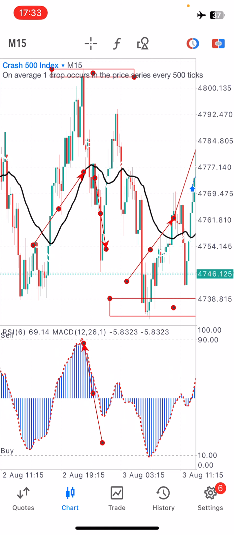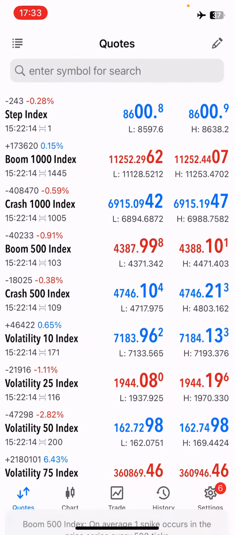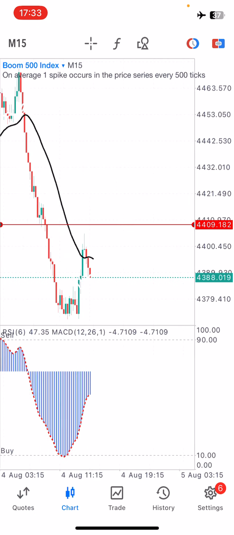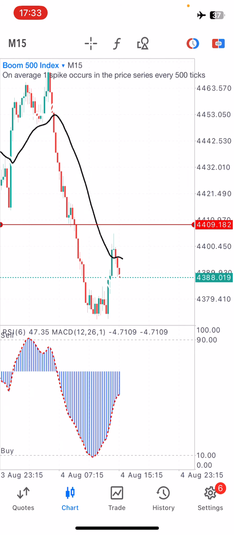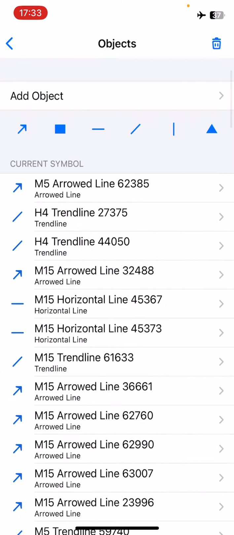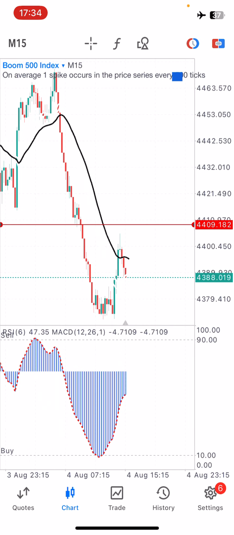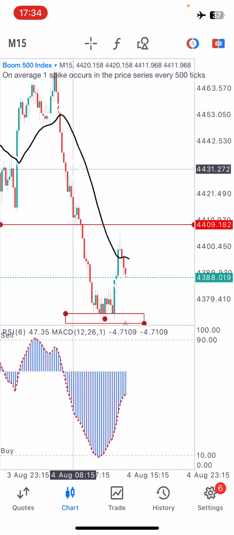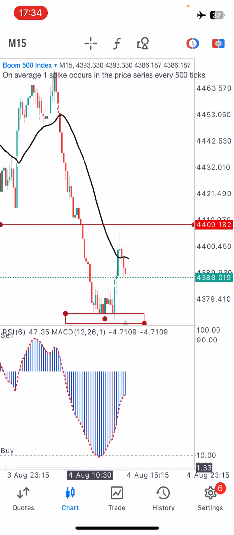Okay, maybe let's take a look at boom and see if we can get the same results. Like I said, right now there's a trade actually. This is a buying opportunity. We can see that this is our peak formation. Why? Because our MACD is already telling us that.